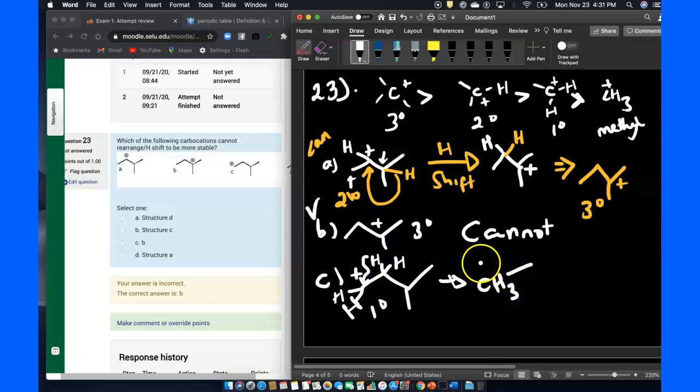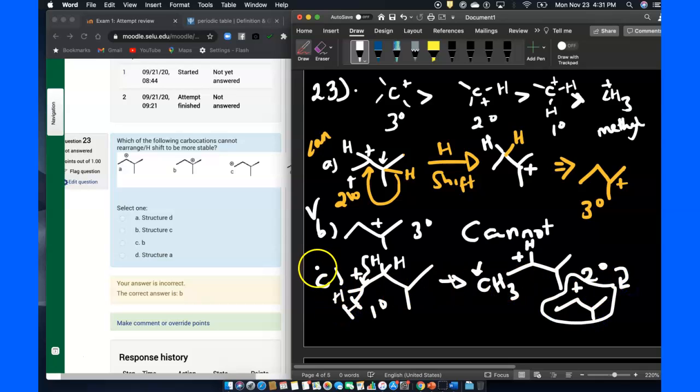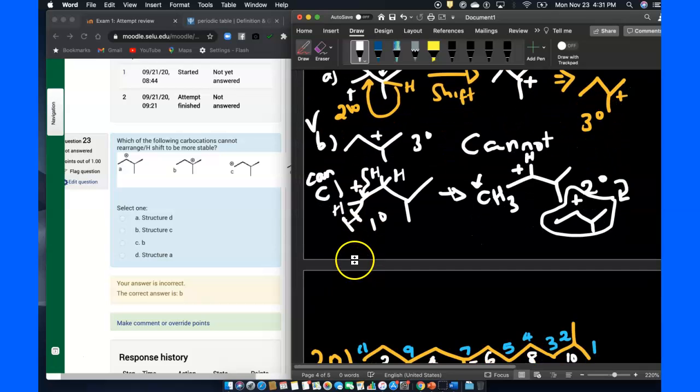This carbon will have 4 bonds around it. But now you'll be left with one hydrogen. Now this becomes a secondary carbocation, which can be drawn simply like this. That's secondary, so it's more stable than the primary. So this one can rearrange to be more stable.